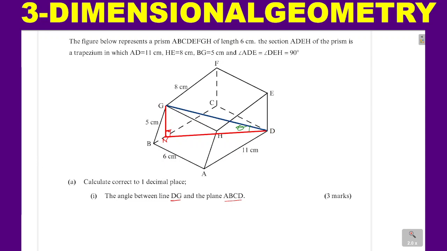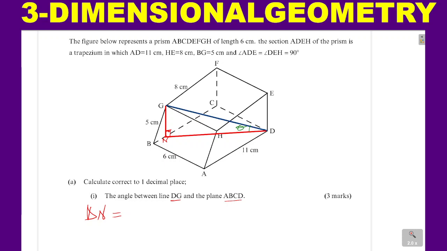Let me see whether we'll be able to get any side here. Can we get DN? Yes, we can. Let's start by getting DN. We are going to consider triangle NCD.